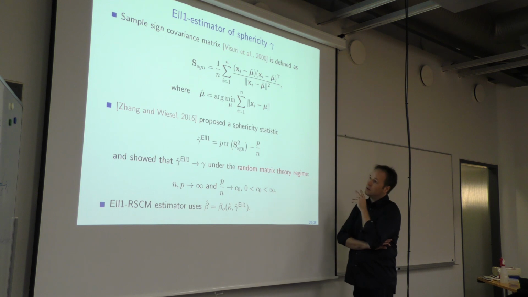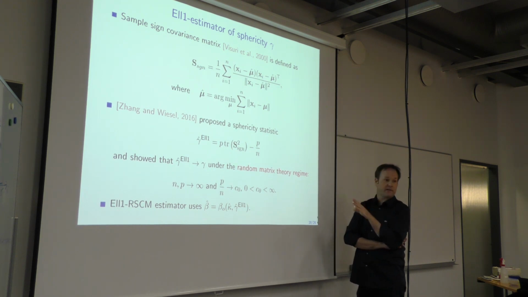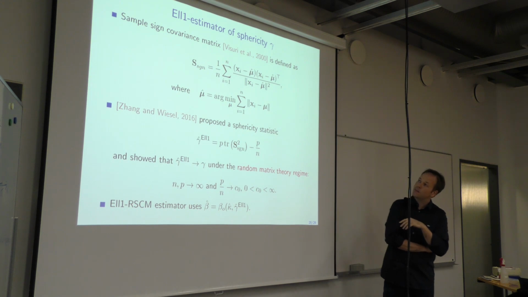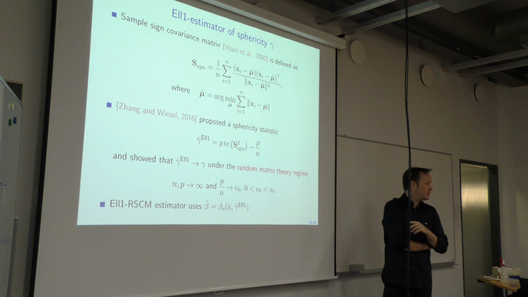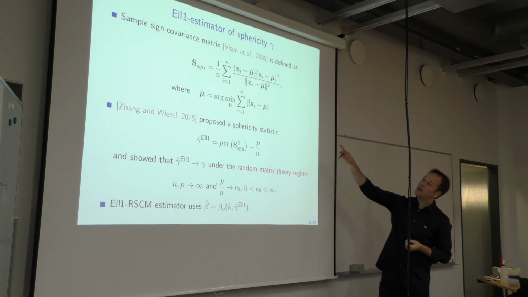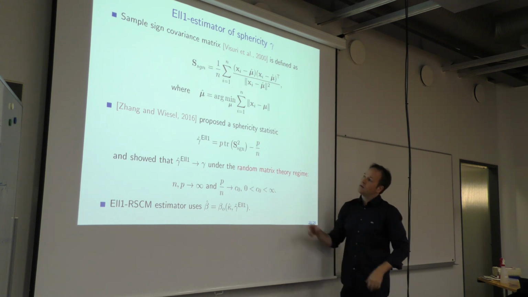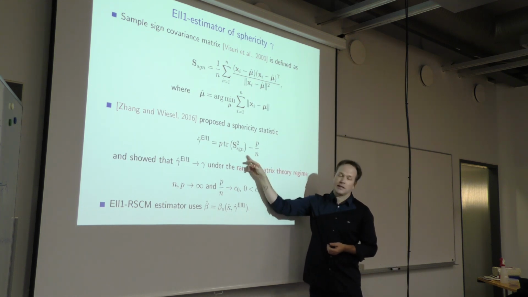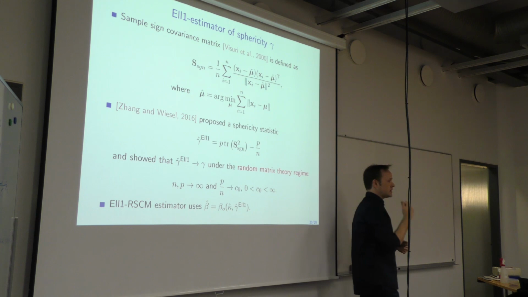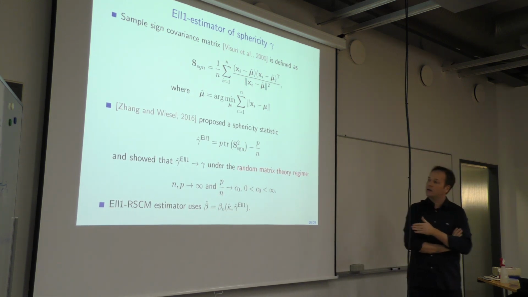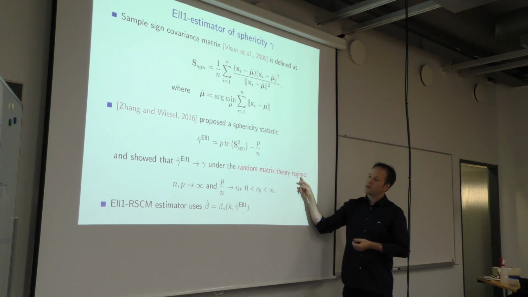Then there's another estimator for sphericity that was proposed earlier by Chang and Wiesel, which says to first compute a different matrix called the sign covariance matrix. And then if you compute this statistic, that statistic is a consistent estimator of the sphericity under the random matrix theory regime.